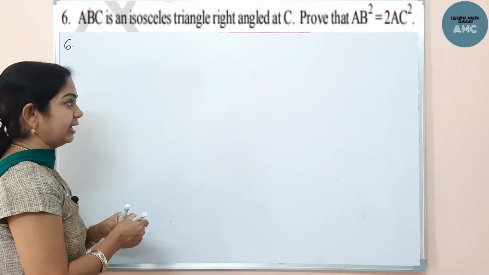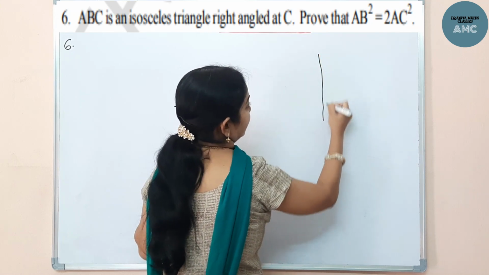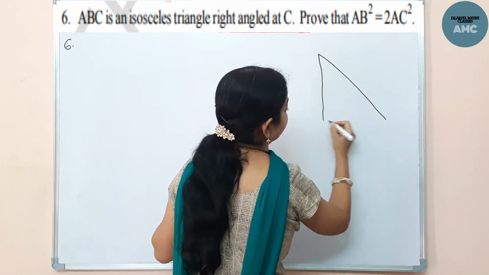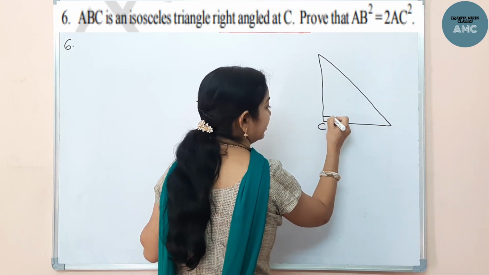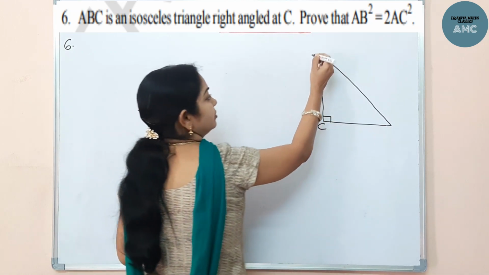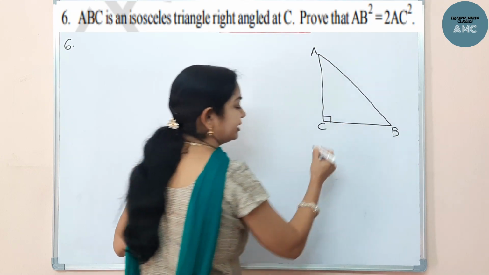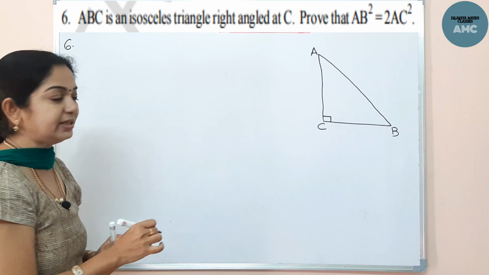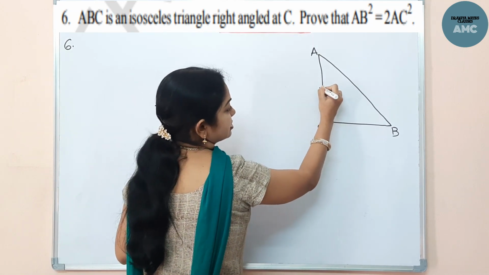Now 6th problem. ABC is an isosceles right angle triangle where the right angle is at C. So obviously this is A and this is B. When it is given right angled at B, then you have to keep B here. Now it is given C. Now this is an isosceles right angle triangle.